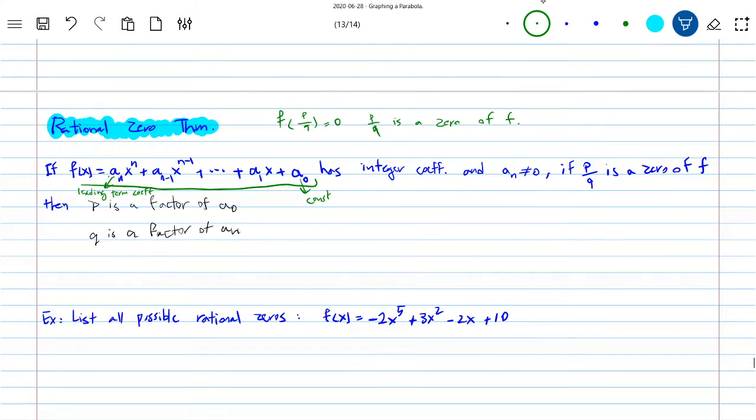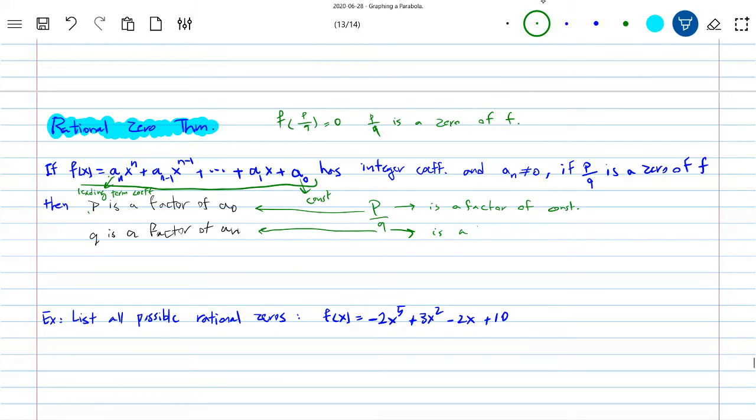If this polynomial has a solution as a fraction, as a rational number, then that rational p over q should satisfy this property. P must be a factor of a0. What is a0? It's the constant. So p is a factor of the constant. And how about q?